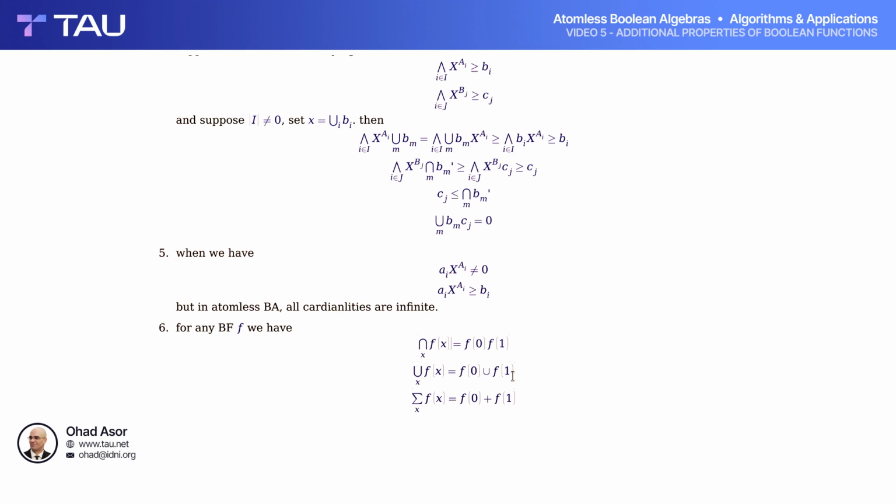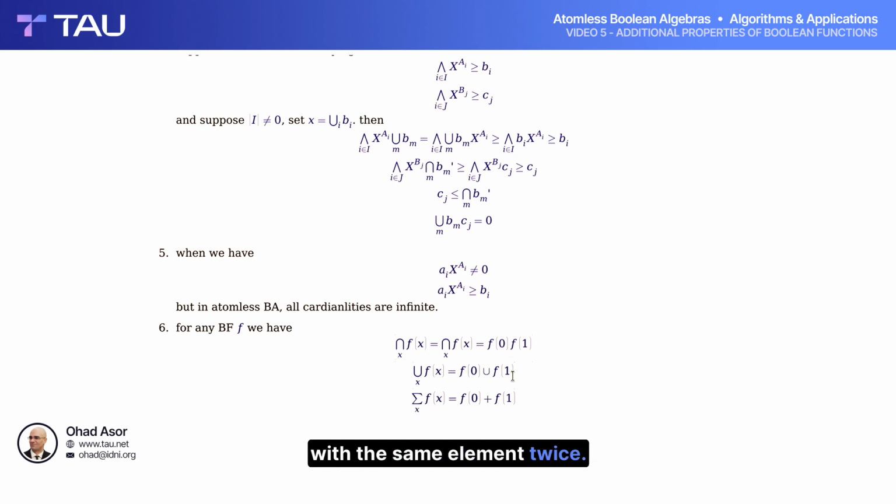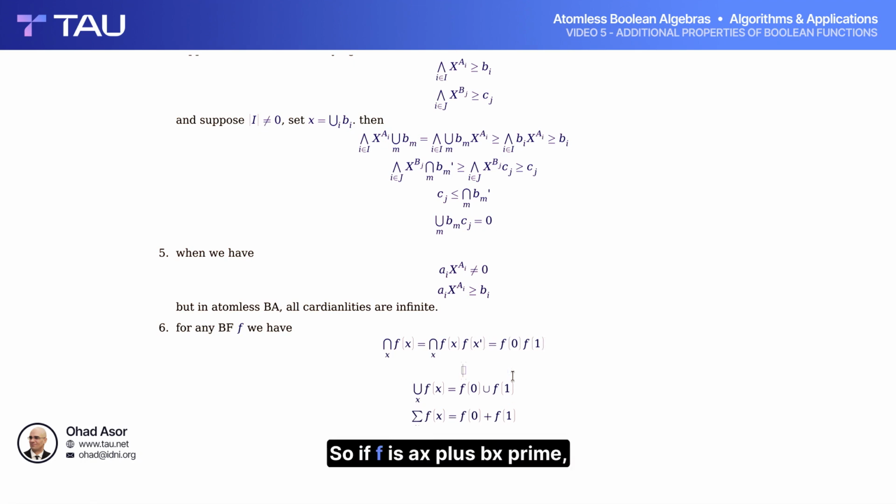So we know that I can intersect with the same element twice, yes? So AA is the same as A. There is no problem intersecting with the same element twice. And so I can write it as f(x) times f(x'). Now for any Boolean function, f(x) times f(x'), let's write it. So if f is ax plus bx', then f(x') is going to be this.